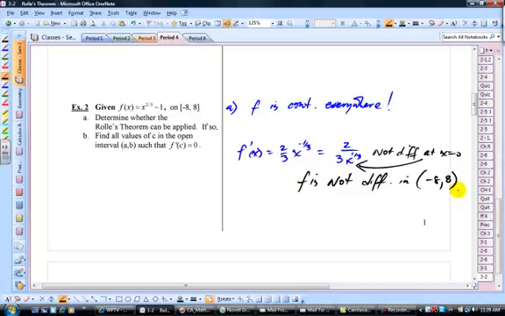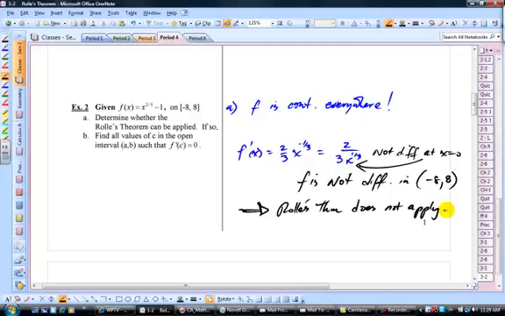So does Rolle's theorem apply or not apply? Rolle's theorem doesn't apply, okay? Now, if I change the interval from negative 8 to 8 to something else, maybe a smaller interval, do you think it could? Yeah.